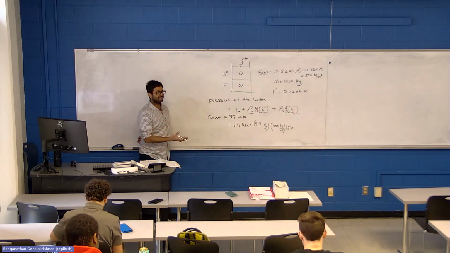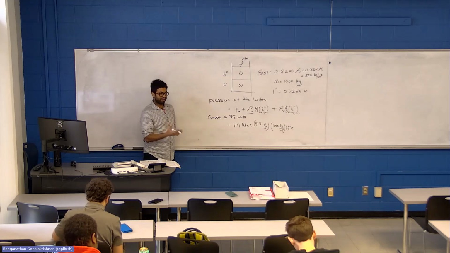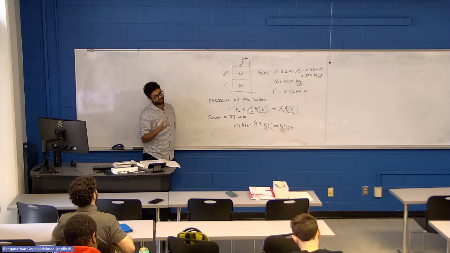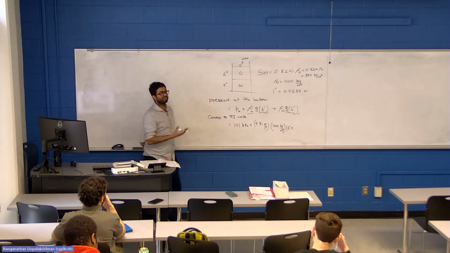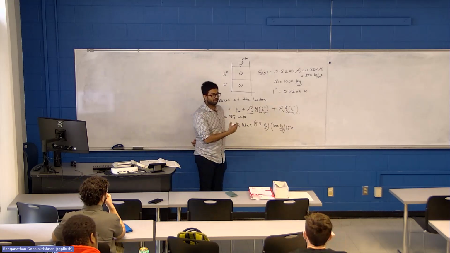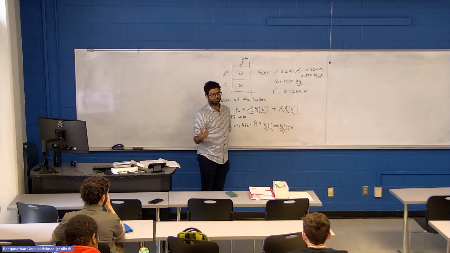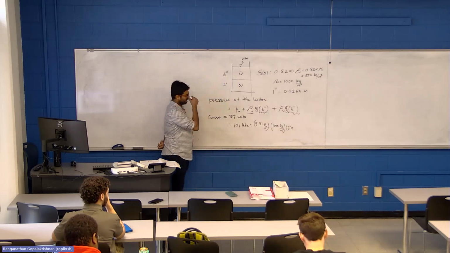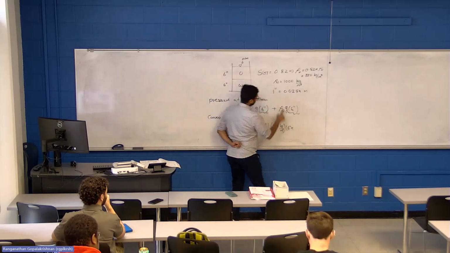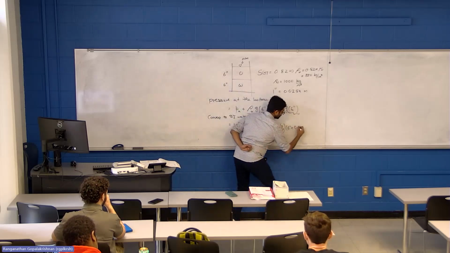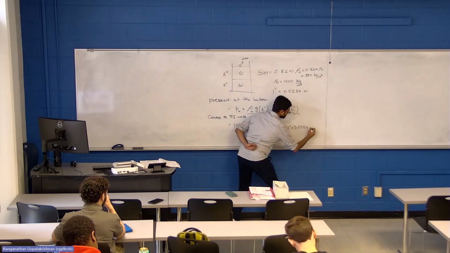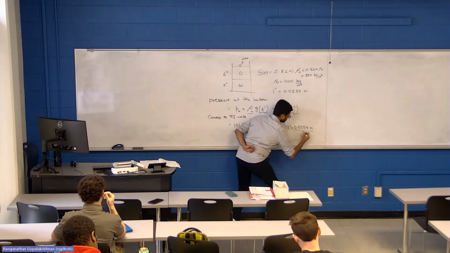I got a very good question from one of you through email: will we be provided conversion tables in the exam, or should I remember all of this? You will be provided. You'll be given a sheet of all common unit conversions. You just need to know how to use it and what to pick out. So this is 0.0254 meters per 1 inch.